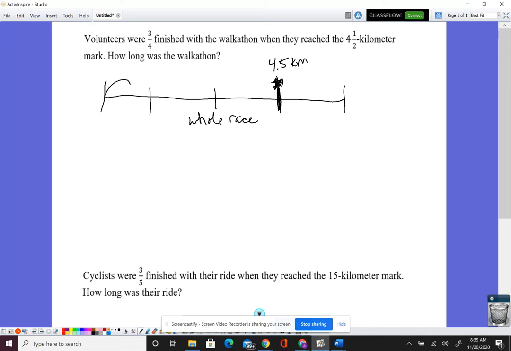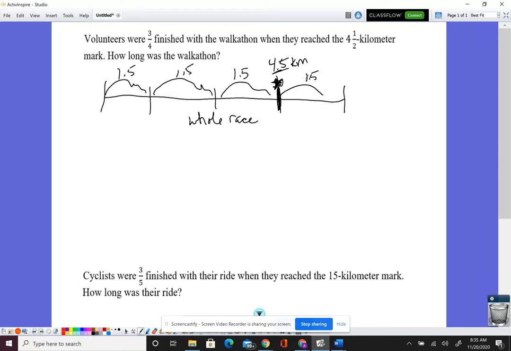So we could look at this and say, okay, we're breaking it up into 3 sections there that they covered 4.5 kilometers. So we can figure out that each one of those sections is 1.5. So this has to also be 1.5.